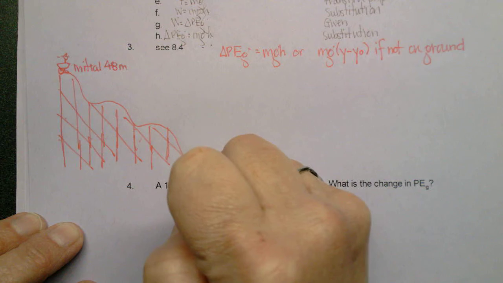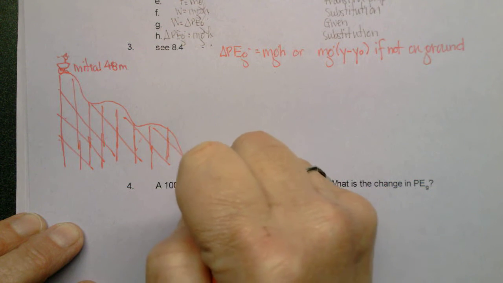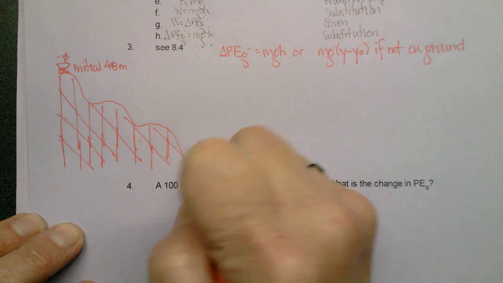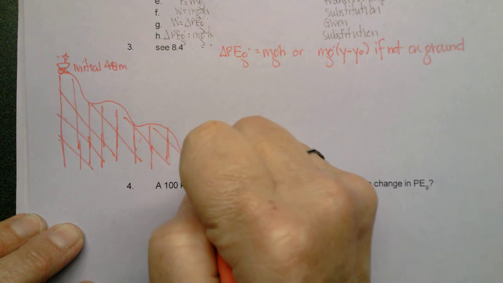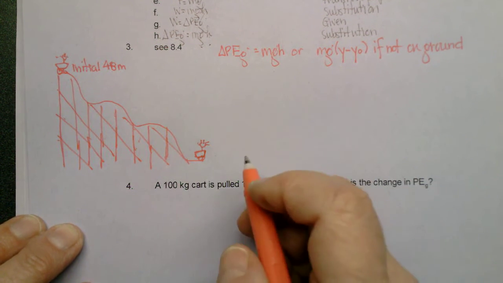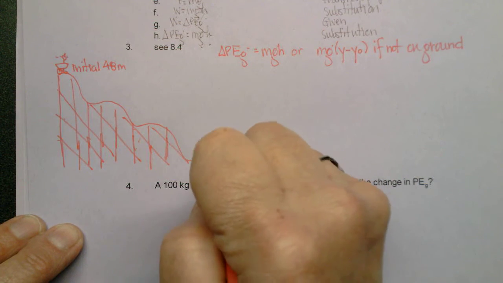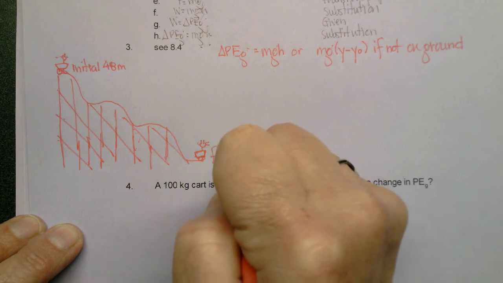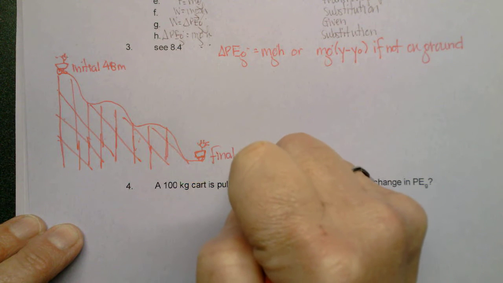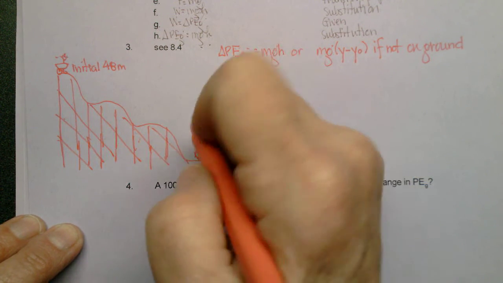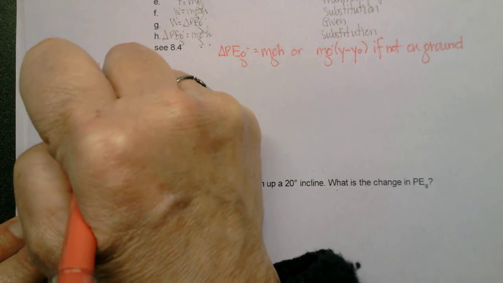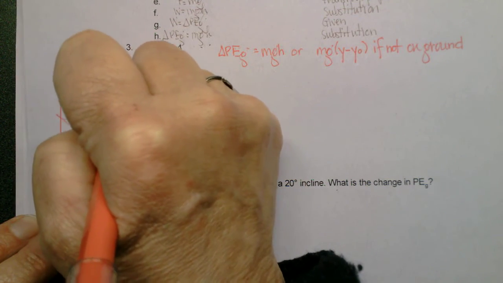And then my final position here, we're going to talk about roller coasters actually a couple of times in this chapter. And by the way, their hair's all like this because they're scared and because it's windy. Their final position is 3 meters above the ground. And we are told that this is 400 kilograms. So that's its mass.